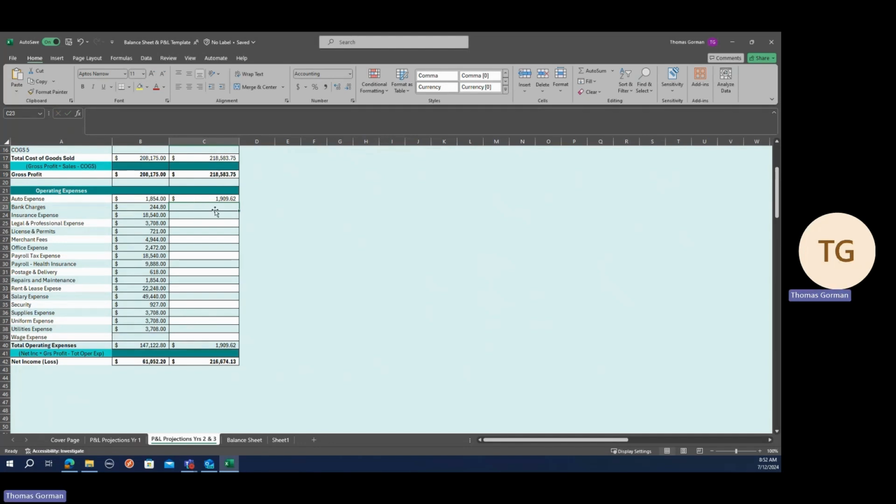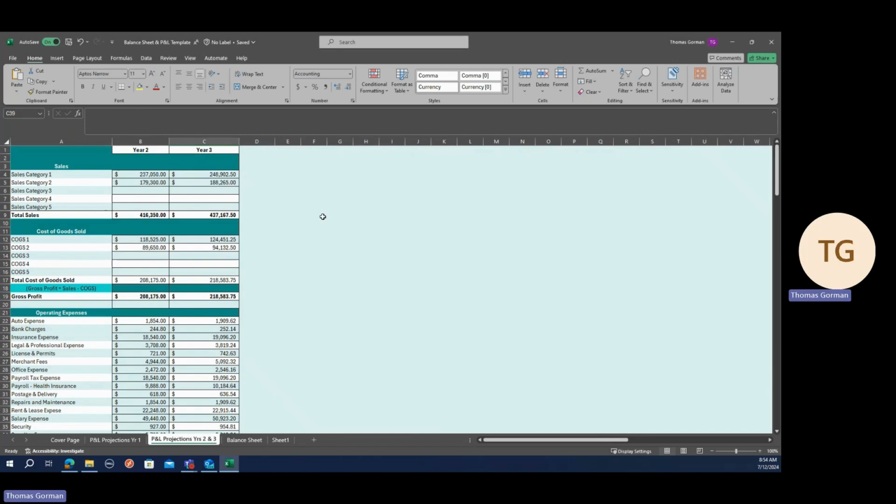And then we'll do that for each of our operating expenses. And there we have it. And that's basically what is required to get the profit and loss projections for years 1, 2, and 3.